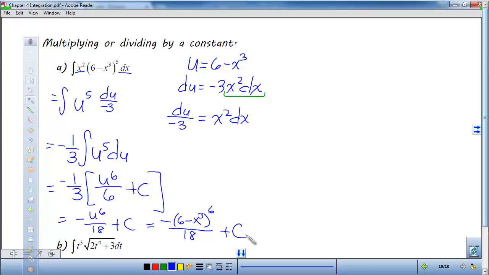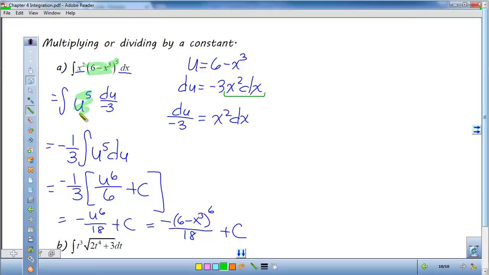All right, again, when we did our substitution, we needed a direct match for what was in our problem. In our problem, we had x squared dx. Once we decided what our u was, we were able to find du, but I needed to substitute for everything that was here. We have a substitution for (6 minus x cubed) to the 5th.